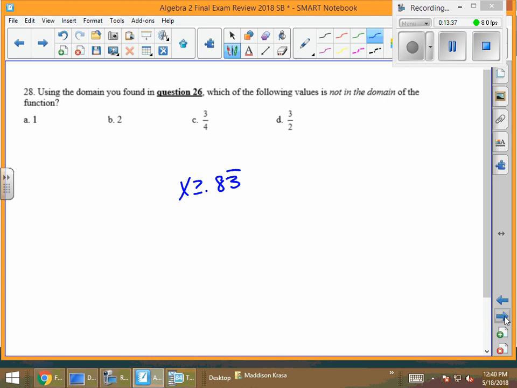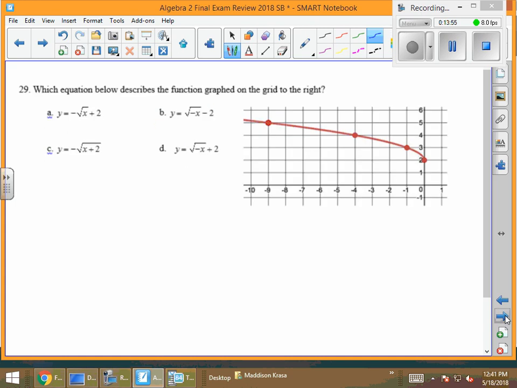All right, so if we look at these 1 and 2, yeah, those are both bigger than 0.8. That one's 0.75, and 3/2 is 1.5. So C is not in the domain. C would not be in the domain for that one.